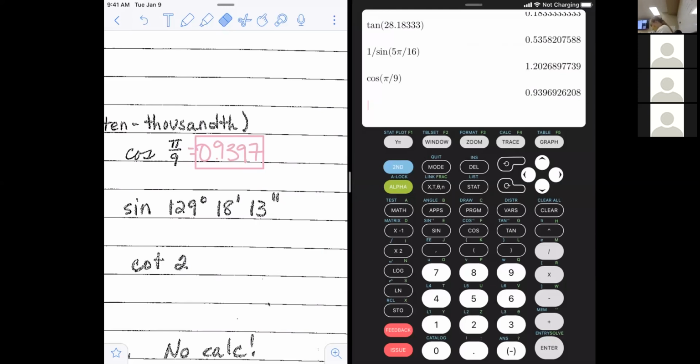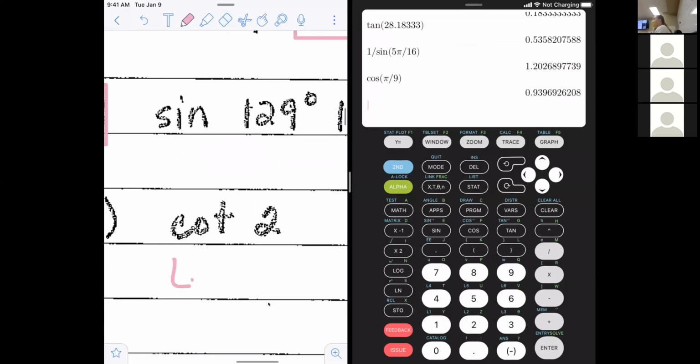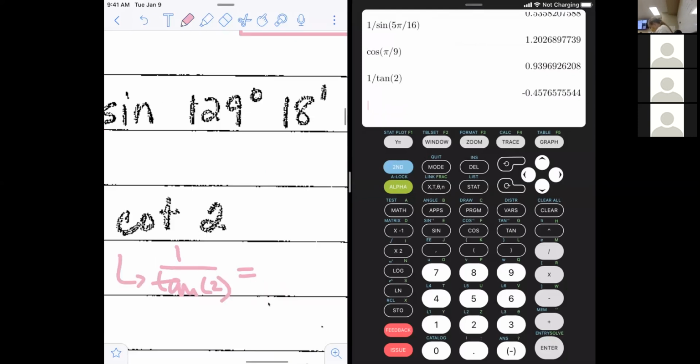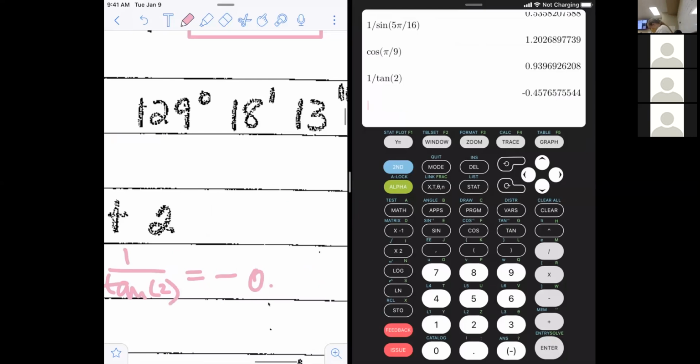I have not changed. I've been in here for a second. So I'm going to do, I can't press cotangent, so I'm going to do 1 over which function? Tangent, and then parentheses 2. And I get negative 0.4577.